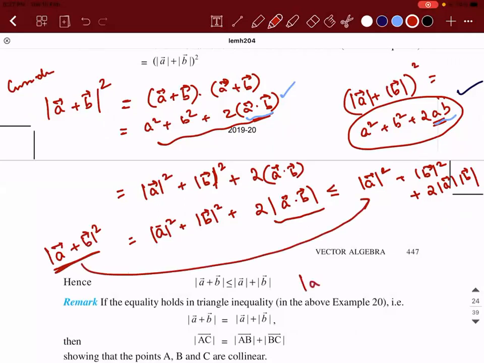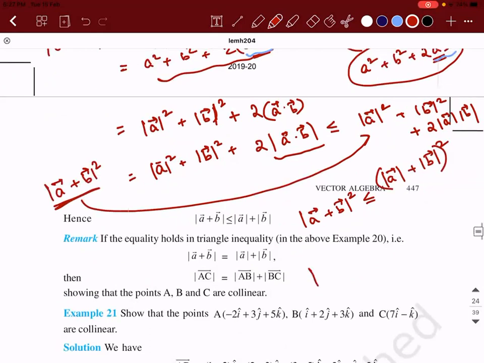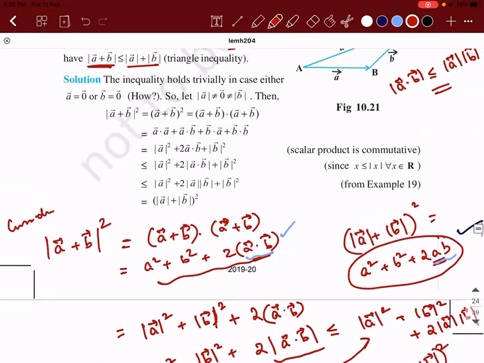So magnitude of A vector plus B vector the whole square is less than or equal to magnitude of A plus magnitude of B vector the whole square. When that is the case, then magnitude of A vector plus B vector is less than or equal to magnitude of A vector plus magnitude of B vector, and that is what we were supposed to prove. Actually, you know what is the meaning of this? Sum of two sides of a triangle is always greater than or equal to the third side. That is why this is also called the triangle inequality.